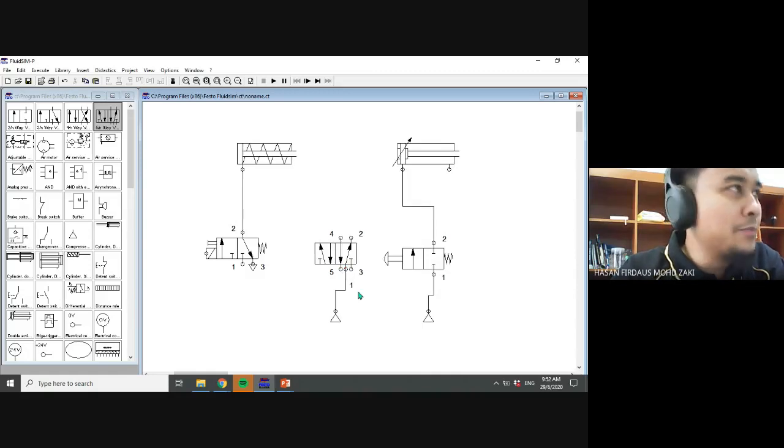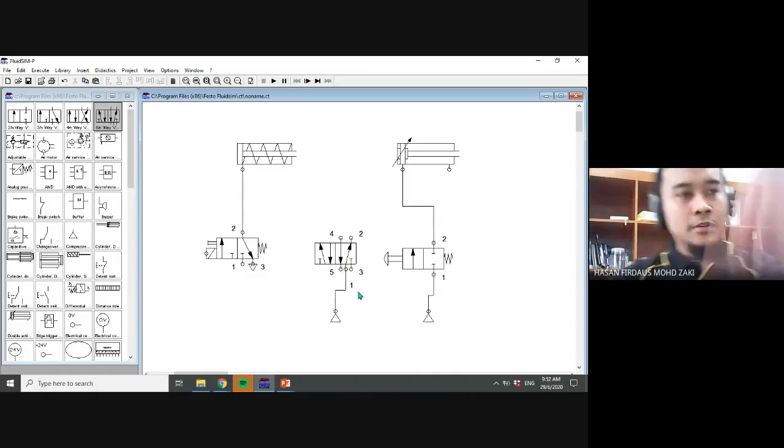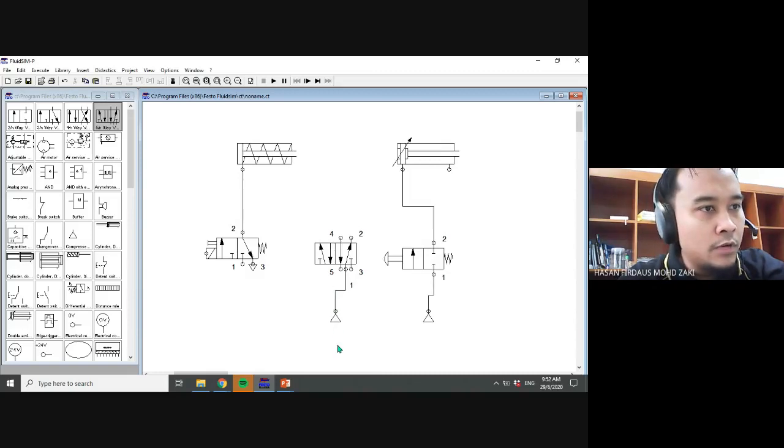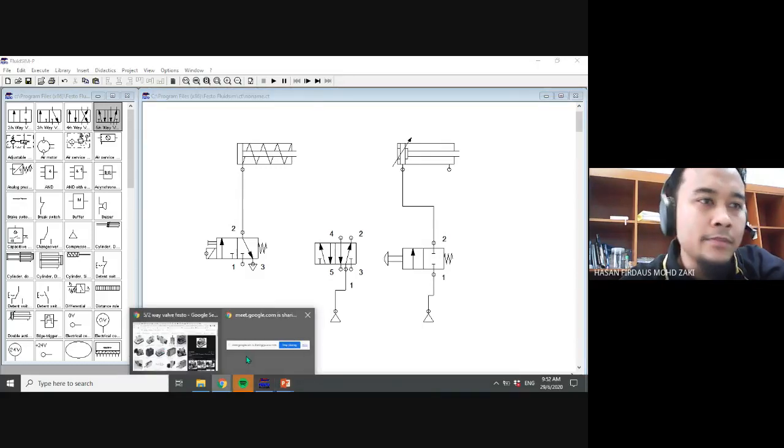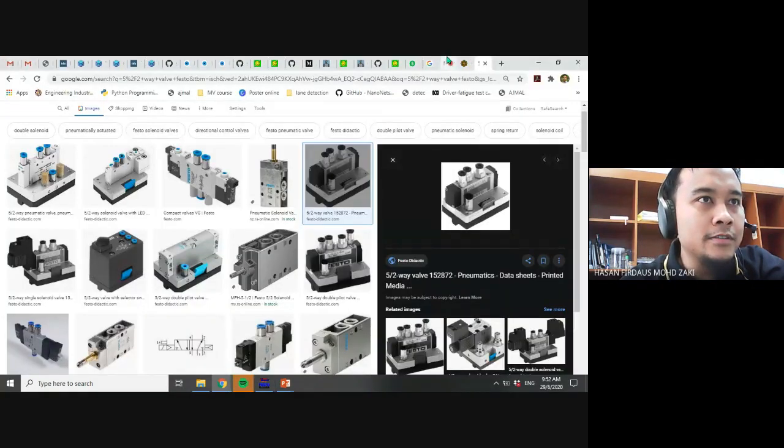That's very important. Source to 1, 3 and 5 exhaust, 2 and 4 for controlling the cylinder. That's the answer.